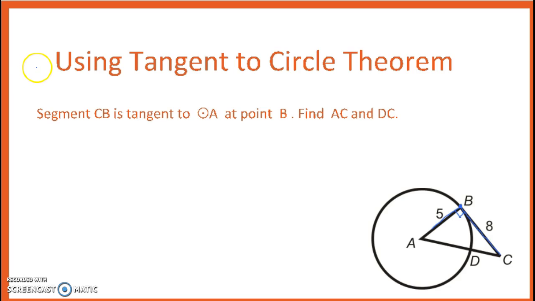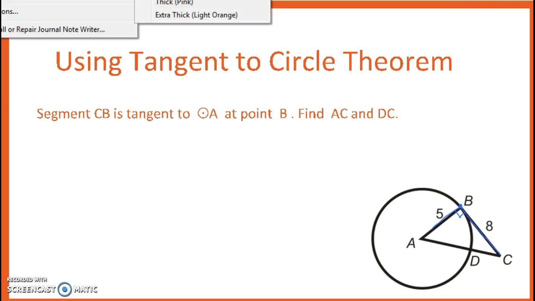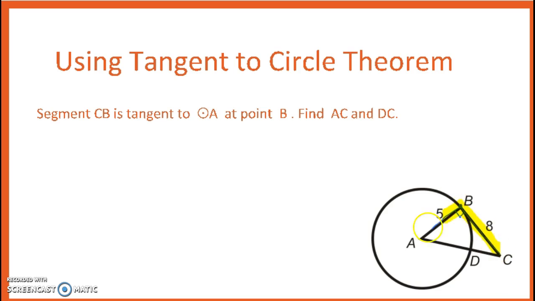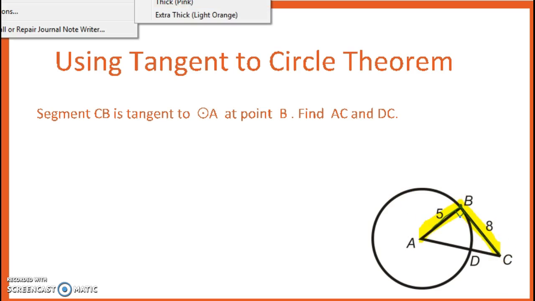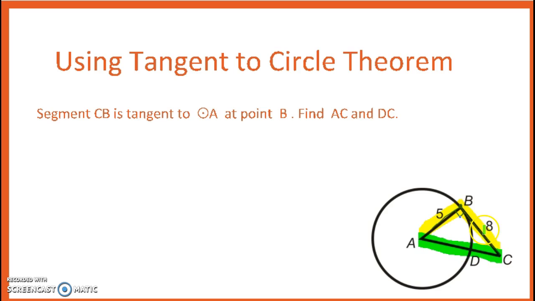So we want to use the Pythagorean theorem to find the length from A to C and from D to C. Using our Pythagorean theorem, remember that the legs make up a and b, and our hypotenuse has to be AC. So if we plug this in, a squared plus b squared equals c squared. The yellow sides have to be a and b.